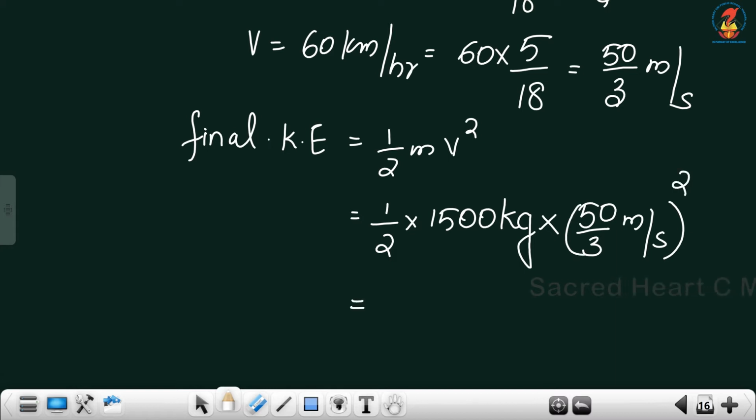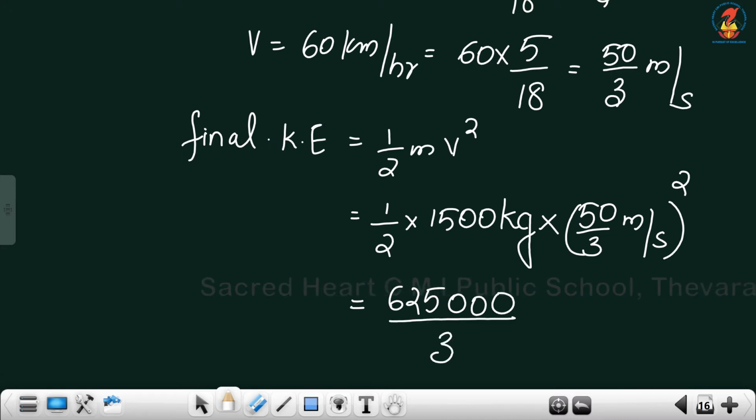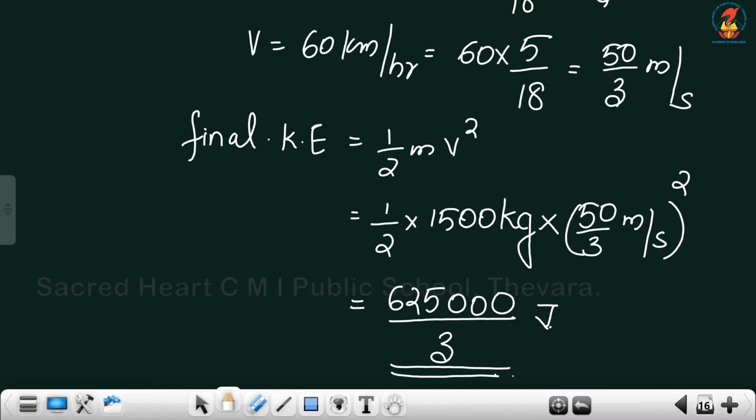When you do the calculation, you will get the answer 625,000 by 3 joule. This is the final kinetic energy.